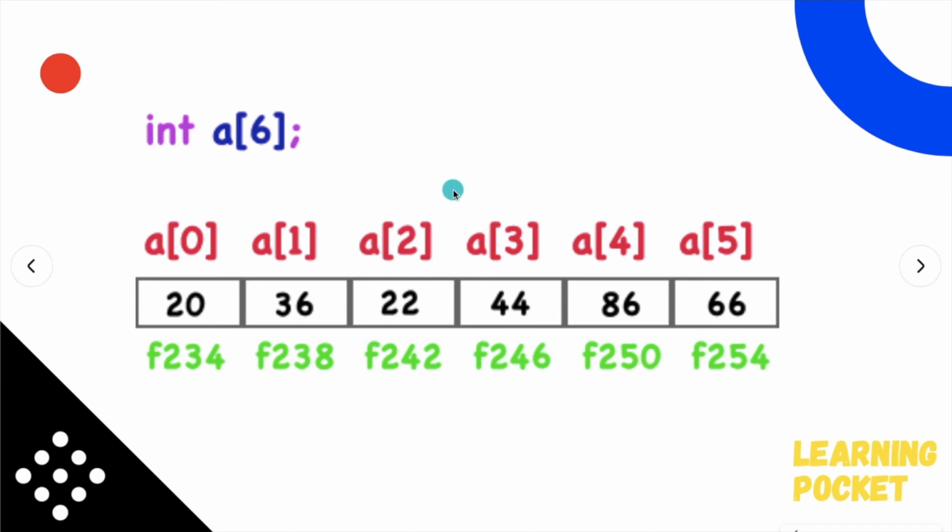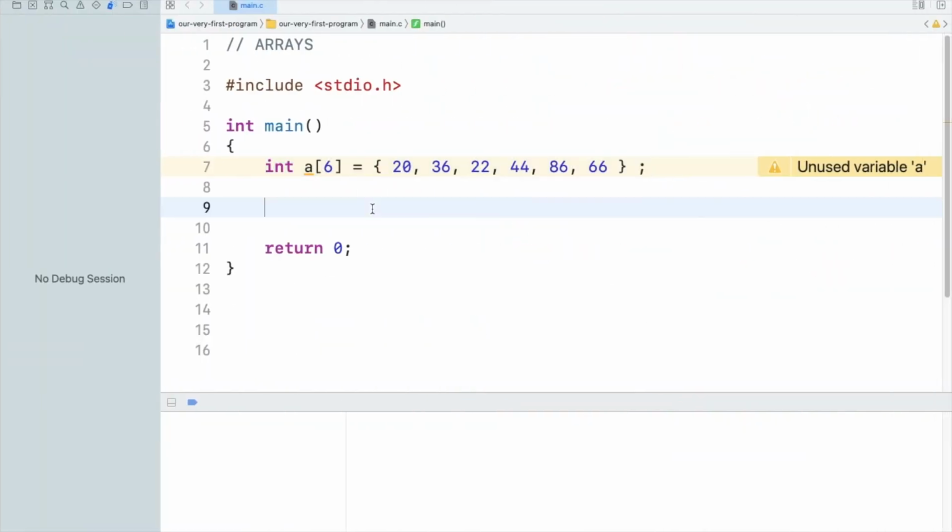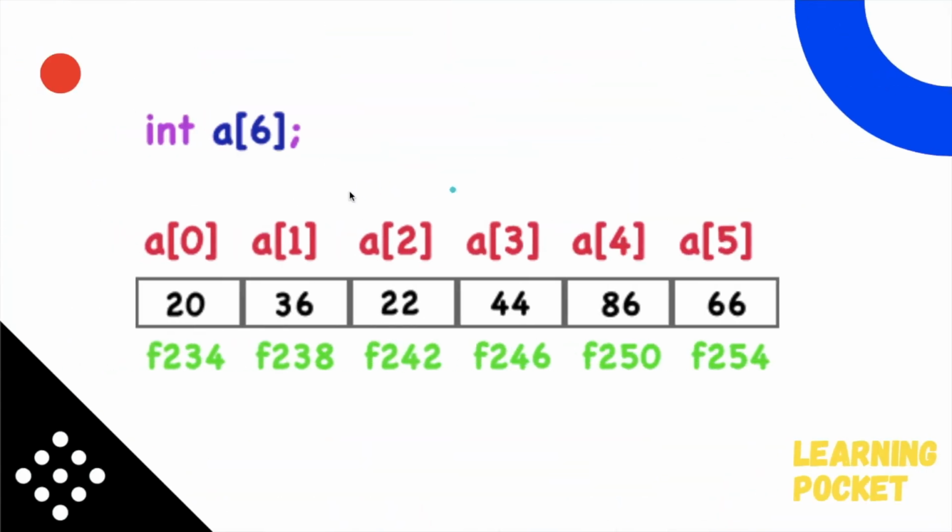Let's print out specific indices or specific blocks. And for that I am using a for loop. Why am I using a for loop?